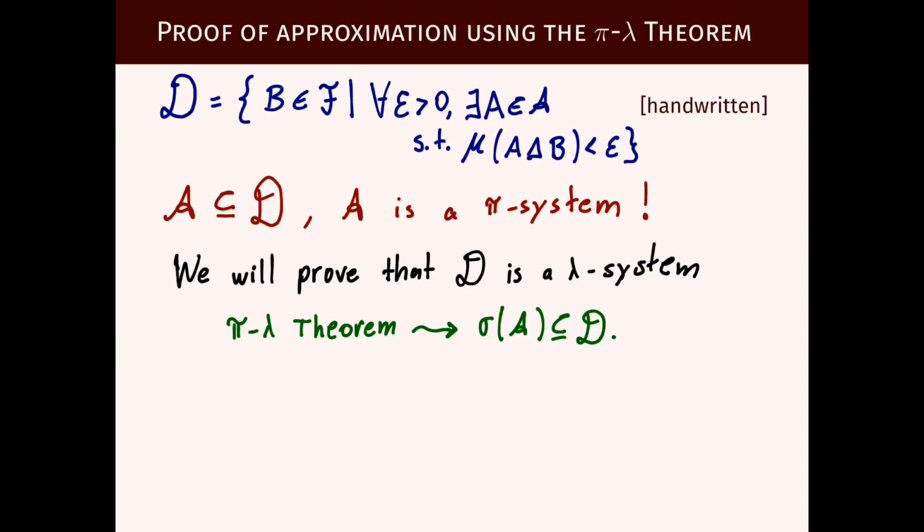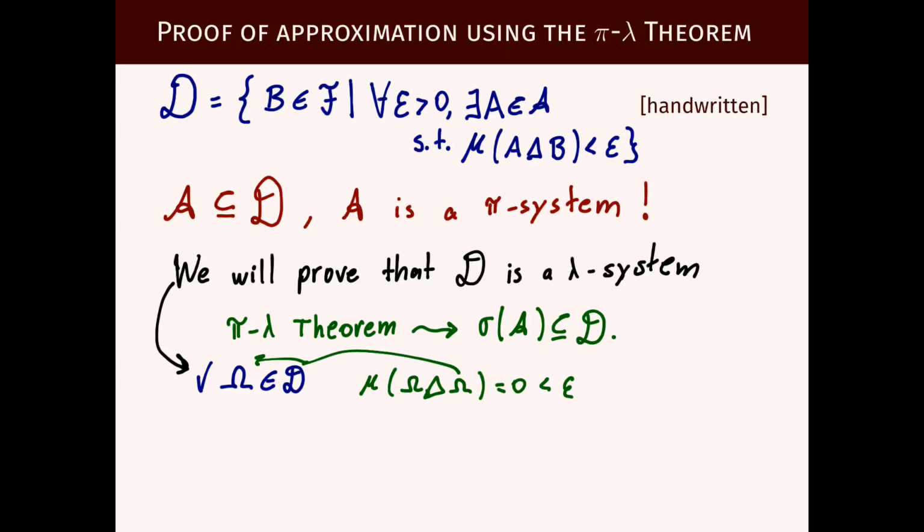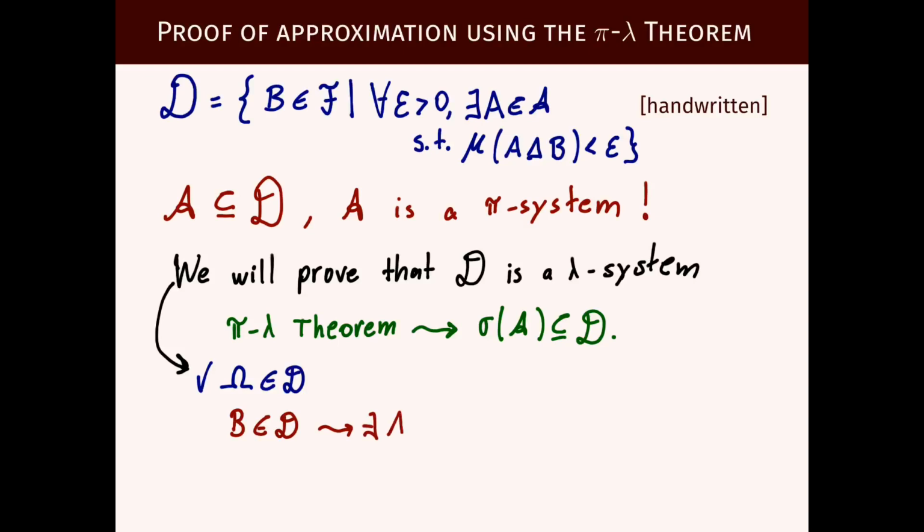We now just need to justify that D is indeed a lambda system. Now first, omega is in D. And why is that? Because we can take omega and omega here, and this is 0. 0 is less than epsilon, and this omega is our omega, and this omega is in the algebra A. Now, if B is a set in D, and we want to look at B complement, well, we know there exists some A in the algebra such that the measure of A symmetric difference with B is less than epsilon.